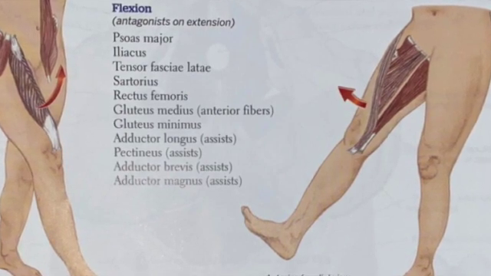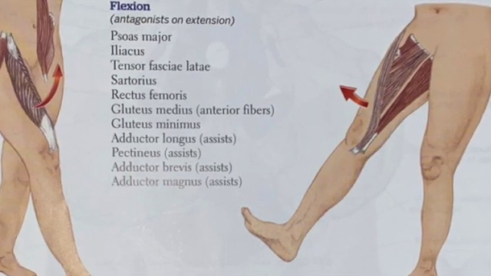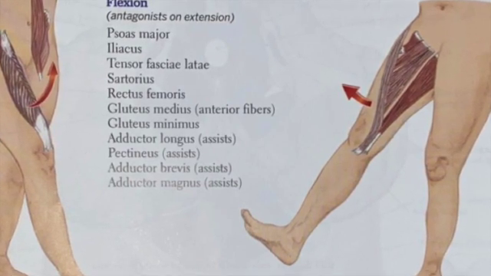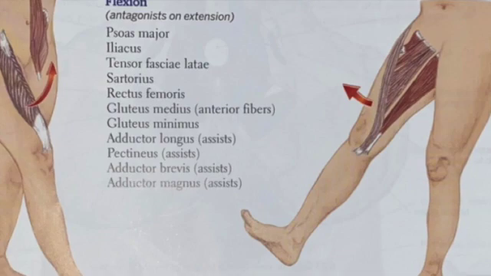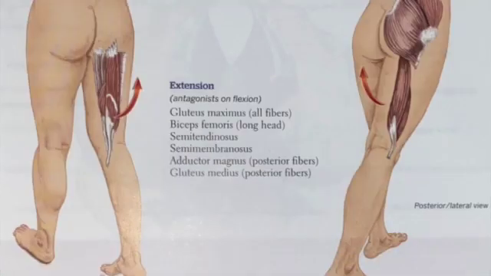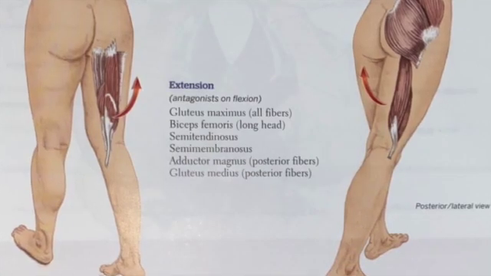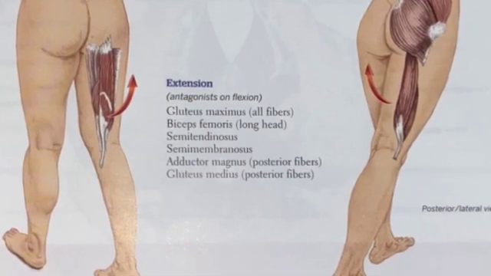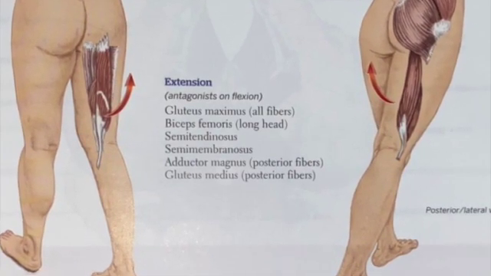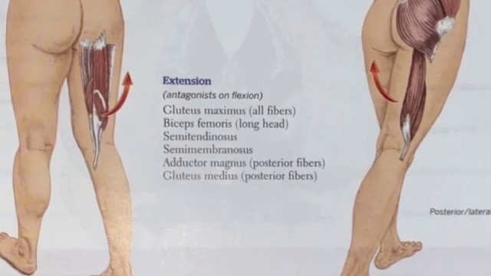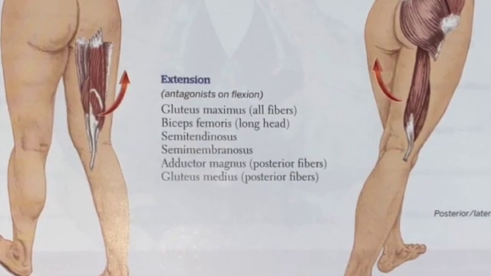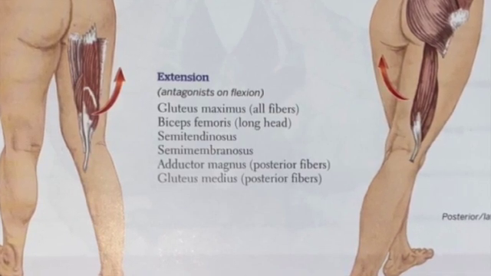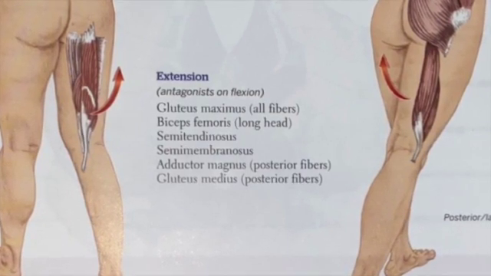There's the pectineus assists, the gluteus medius, and then your adductor longus assists, adductor brevis also assists, and your adductor magnus assists as well. Now here are the muscles that help with extension at the coxal joint, starting with the gluteus maximus, all fibers, the biceps femoris long head, the semitendinosus and the semimembranosus, the adductor magnus posterior fibers, and the gluteus medius posterior fibers.